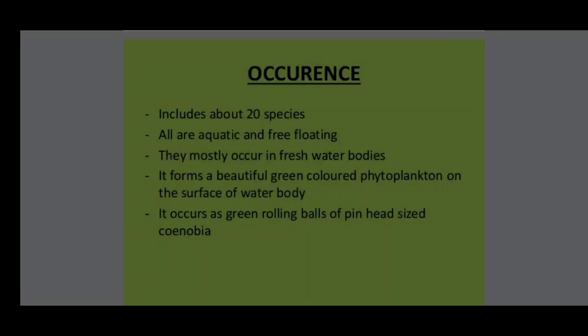It occurs as green rolling balls of pinhead-sized coenobia. Here you can observe the shape on the surface of the water. It looks like a pinhead. That pinhead-shaped appearance we can see on the water is a coenobium.